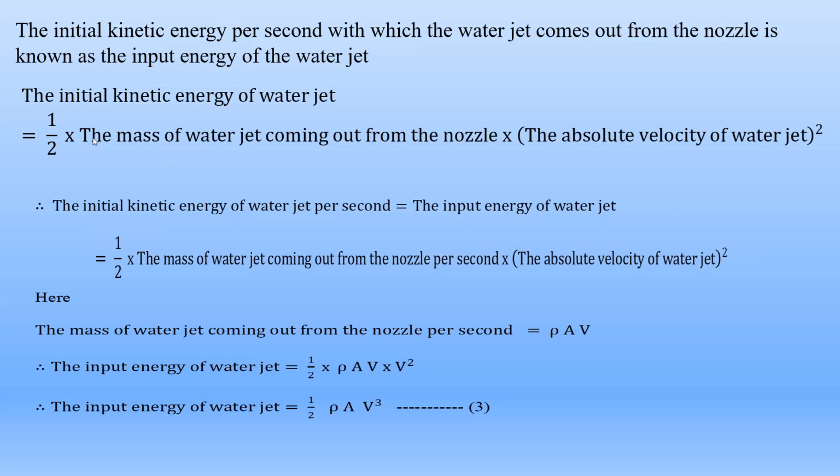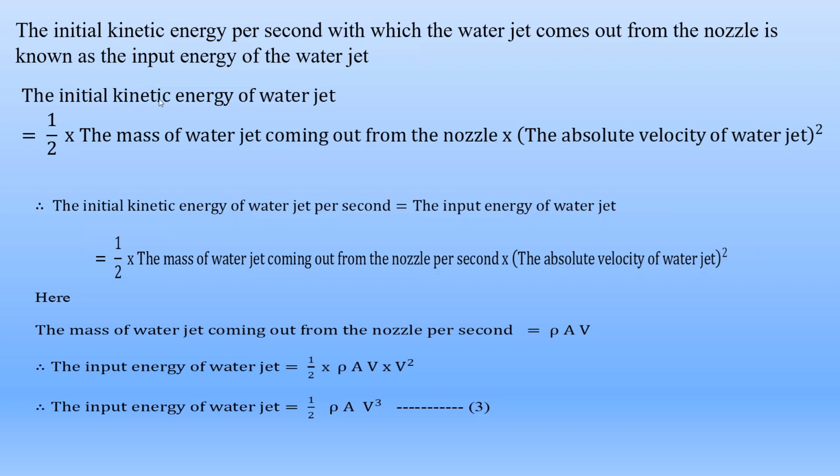But in the right hand side, the mass of water jet coming out from the nozzle divided by time is the mass of water jet coming out from the nozzle per second. So the right hand side becomes the mass of water jet coming out from the nozzle per second into the absolute velocity of water jet whole square.